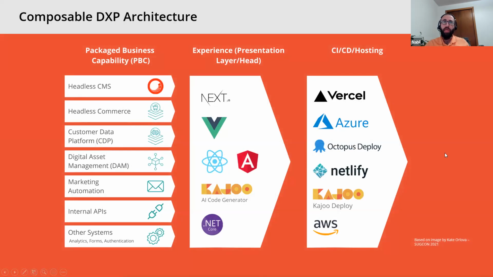Okay, so now it's a little bit technical here, but I know most of you are technical as well. The architecture of a composable DXP consists of 3 main pieces. We have the backend system, or the packaged business capability, PBC, which is, as we said, a headless CMS, headless commerce, customer experience, a customer data platform like a CDP, or a DAM, a marketing automation platform, any custom internal APIs that you would call and get a business functionality.